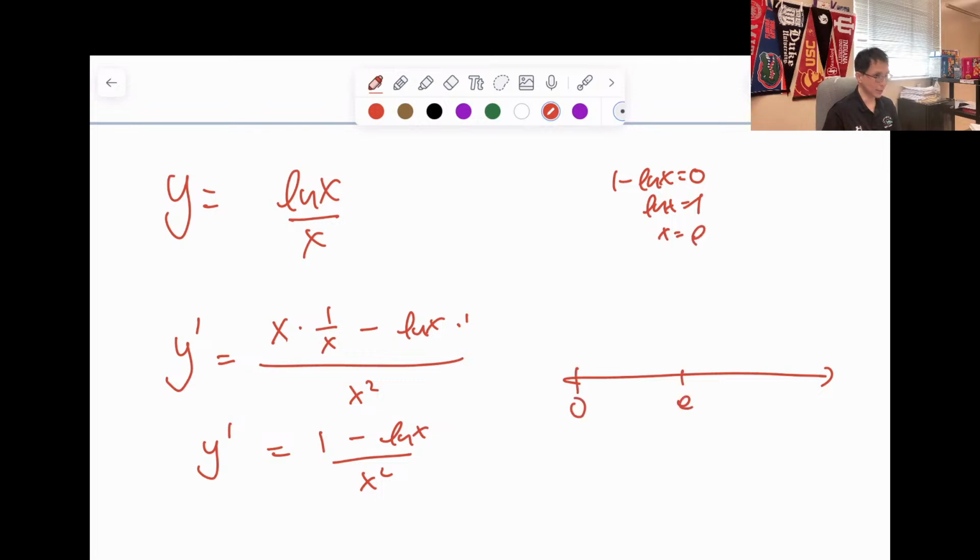Anything less than 0 is not defined, so you can write down undefined. Something less than e, what's a value less than e? 1. So I plug in 1 here. Do I care about x squared? No, that's always positive. So it'll be 1 minus ln of x, positive and negative. The point e comma 1 over e is a relative max.